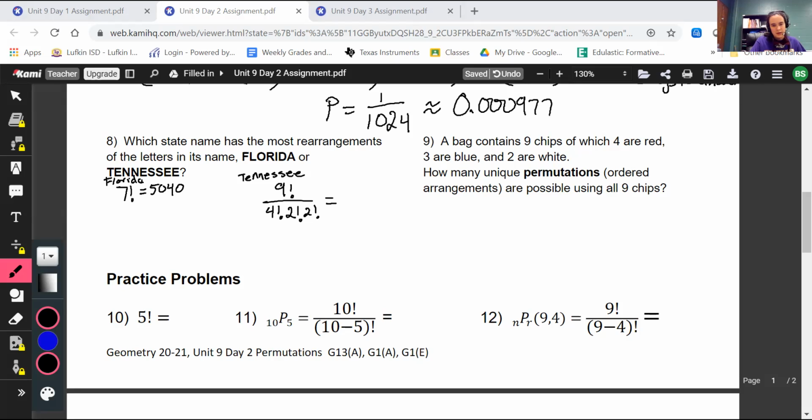So 4 factorial times 2 factorial times 2 factorial. Like it says, 3,780 rearrangements for Tennessee. That means that Florida has the most rearrangements.